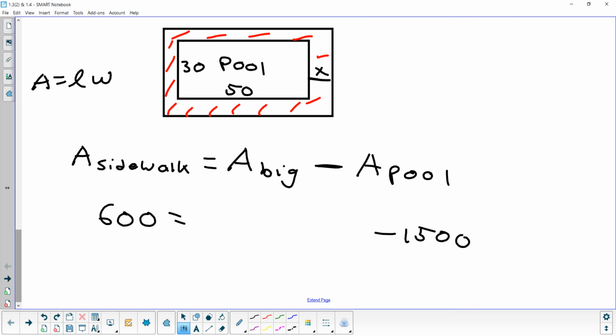It's still length times width. So we're still going to have length times width. I just need to find the length of the big rectangle. So I don't think they can tell me how long it is from there all the way to there. It's not going to be a number. It is going to have a variable.